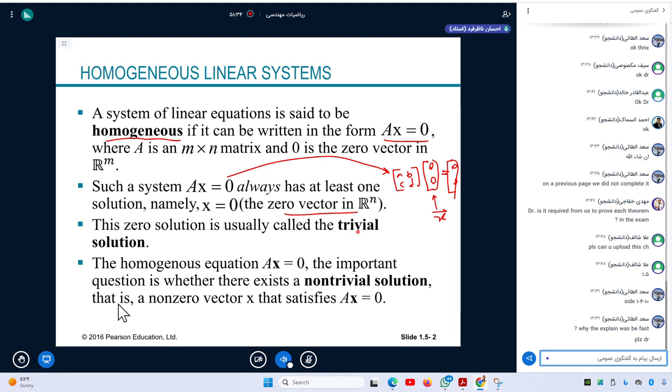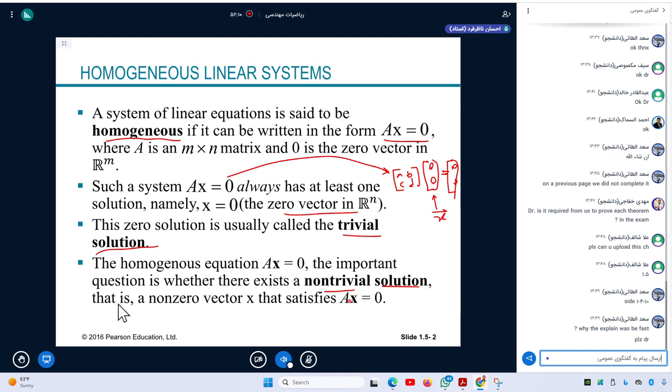But this 0, because we already know that it has this answer, is called the trivial solution. It is not important to find it because we already know that it has a zero solution. The important question is to find a non-trivial solution other than 0, because A times x could be 0 while the vector x is non-zero.